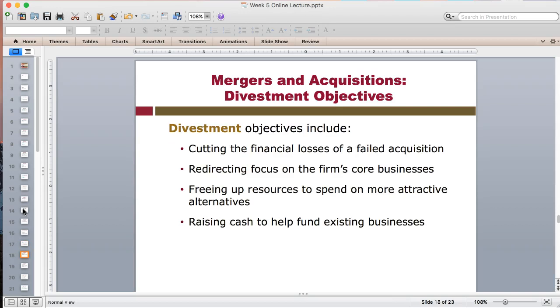Now, another part of strategic management is not just buying, but also selling. And so a lot of times you'll see companies getting rid of stuff. When you read in the paper about a company selling a division or selling itself, a lot of times it's because they have to, or that acquisition failed and it's time to move on.